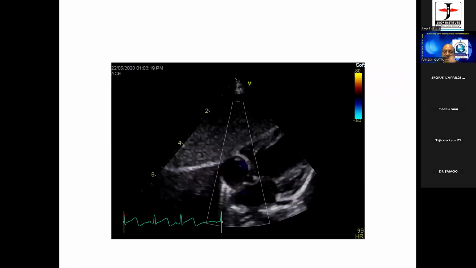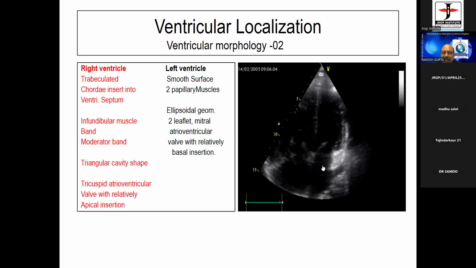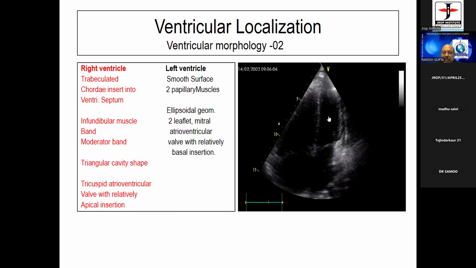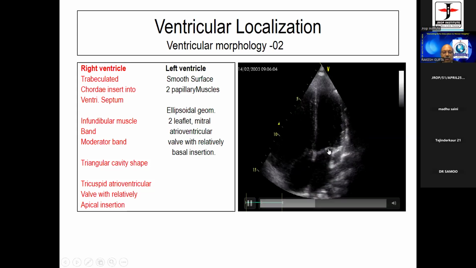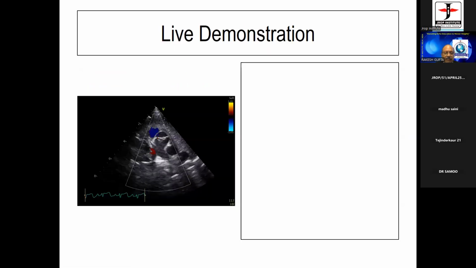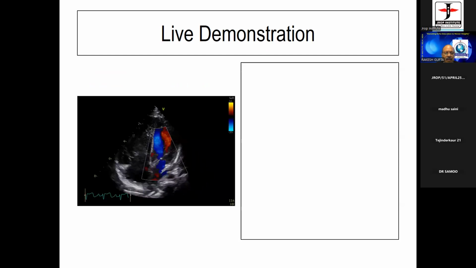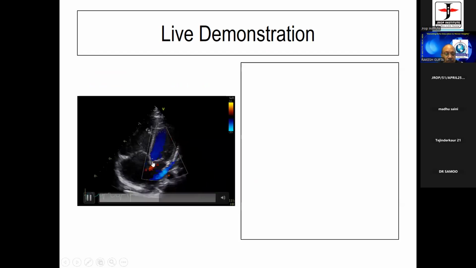Now we have identified that this is morphological RA, this is morphological LA. Then how do we identify what is LV, what is RV, what is mitral, or what is tricuspid valve? Let me go back to my previous picture, one of those very good pictures we had. If you look at this picture carefully, the tricuspid valve is always apically placed.